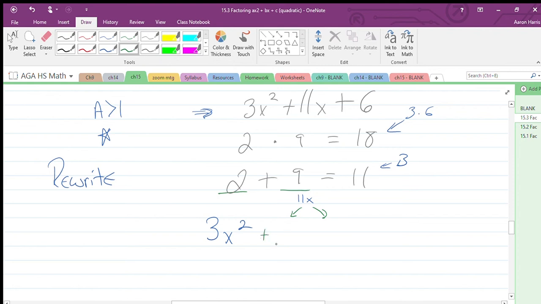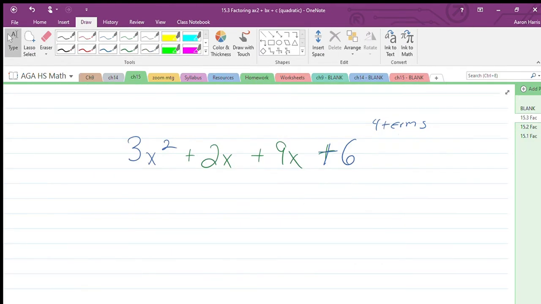So I'm going to add 2x plus 9x. 2 plus 9 is 11, so it's 11x. All I did was split them into 2, and I keep the 6. Okay? Keep the 6. So now I have what? It was 3 terms, but now I have how many terms? 4 terms. And you need that so you can group in the next step.